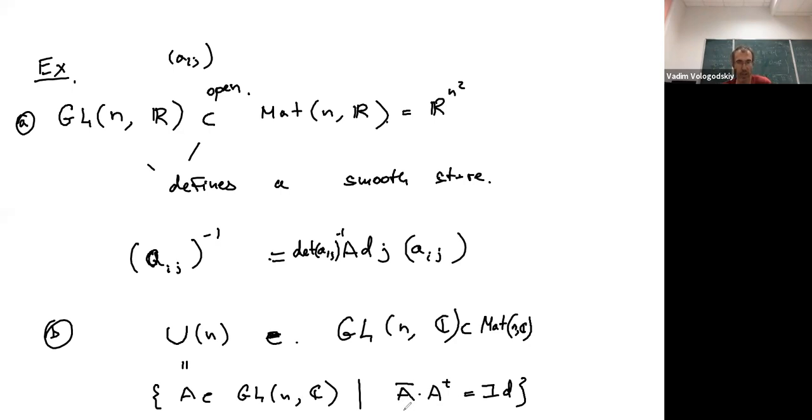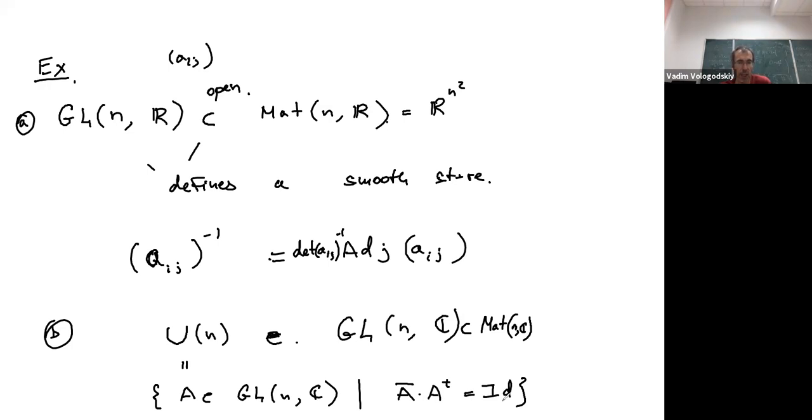It's just algebraic equations. But the problem is that there are too many equations. If you use this as an equation for complex numbers, you have n squared equations.